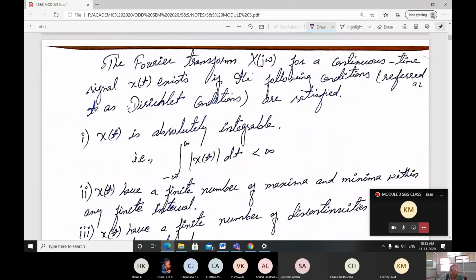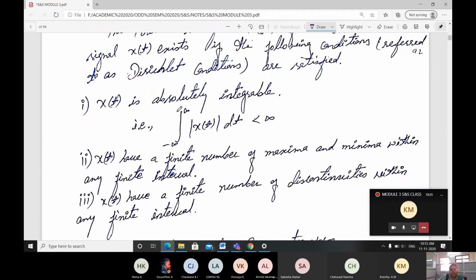The Fourier transform x of j omega for a continuous time signal x of t exists if the following conditions are satisfied. These are called the Dirichlet conditions. First condition: x of t is absolutely integrable.